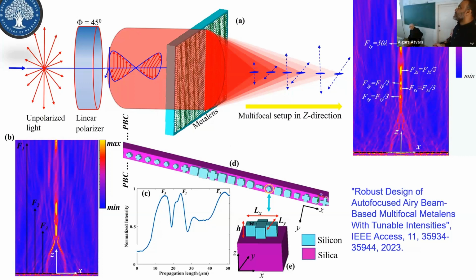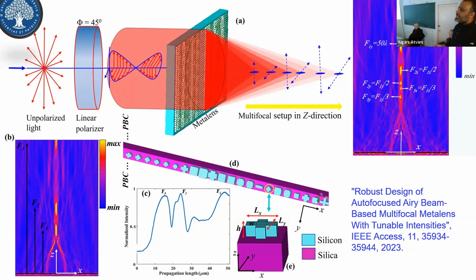So what do we mean by a multifocal metalens? For example, if I feed unpolarized light into a linear polarizer at an angle of 45 degrees, then you have a Gaussian beam with linear polarization of 45 degrees. And that is fed into a metalens.